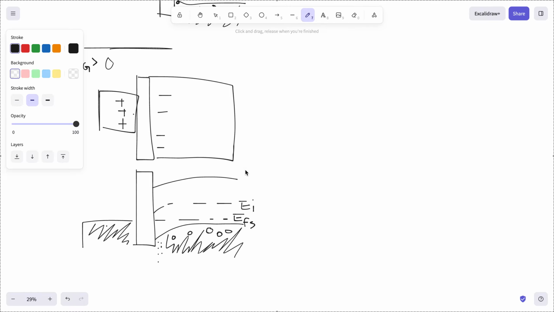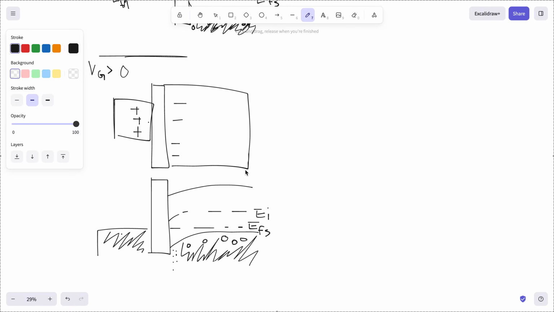Now suppose we were to apply a slightly greater voltage, and there's a specific threshold. We'll go into this more, but we'll add a threshold V sub t.